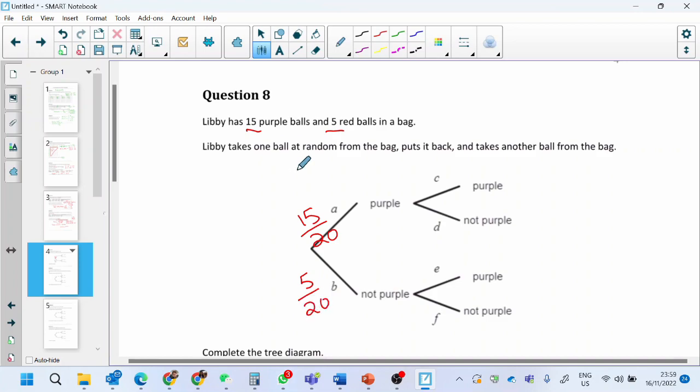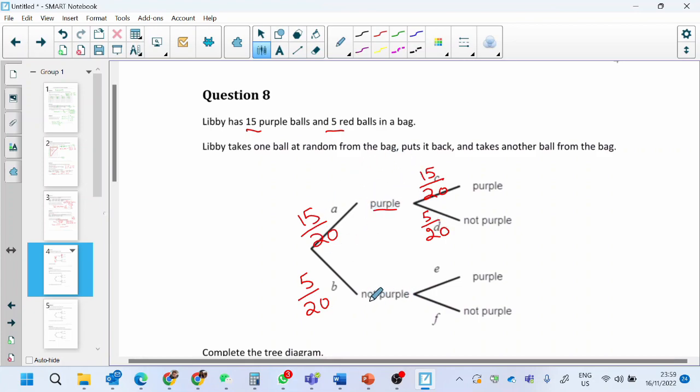When she takes the ball and puts it back inside, then even if it was purple the first time, the second time the probability remains the same. There is no change in the probability of purple and not purple because the ball has been put back.